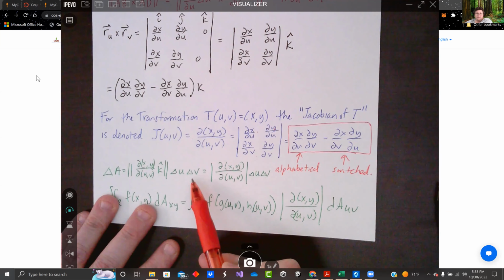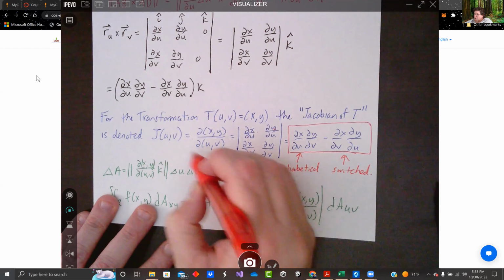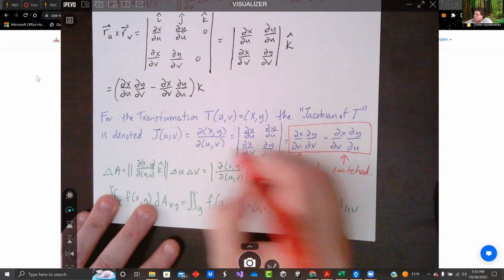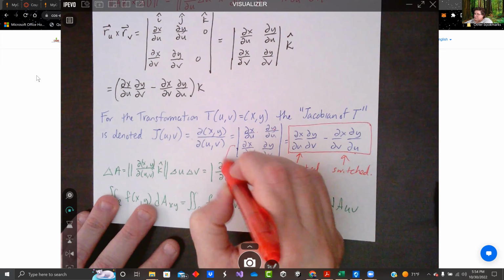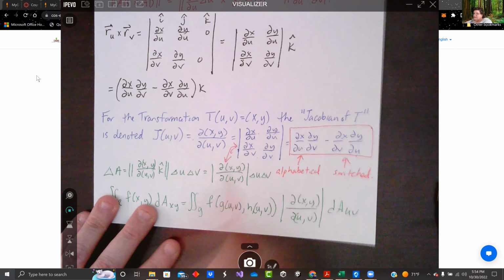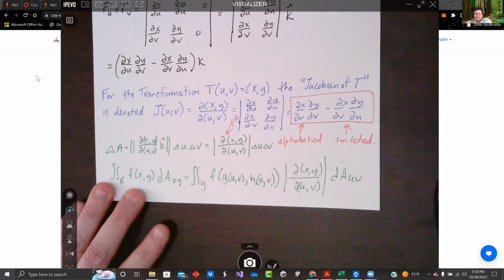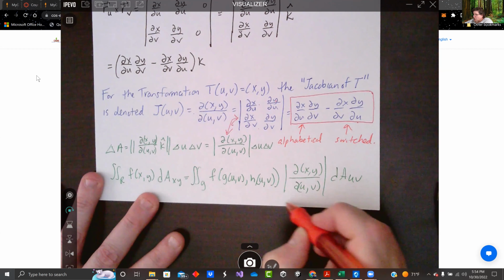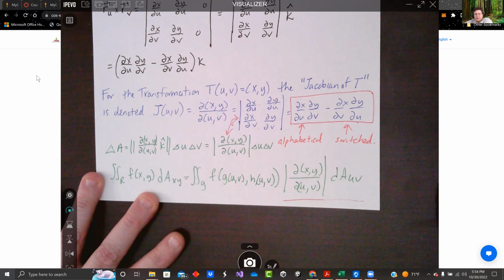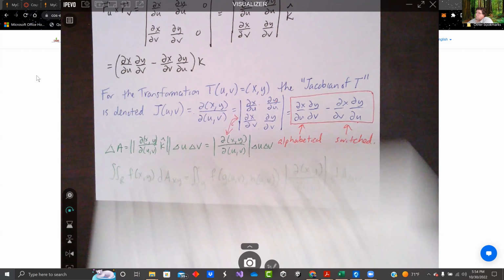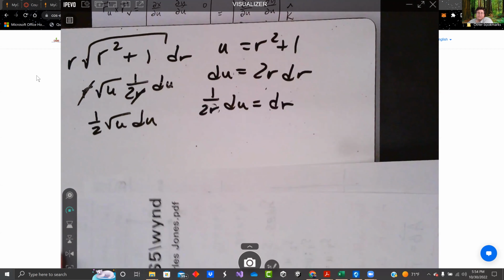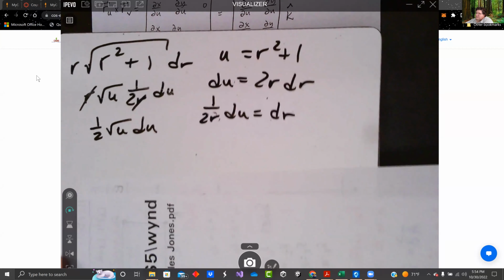And this is another notation for the Jacobian. We write it this way to represent that. And so that's going to be our factor when we do our u-substitution, like when we had the 1/2 r dr, this is like the Jacobian.